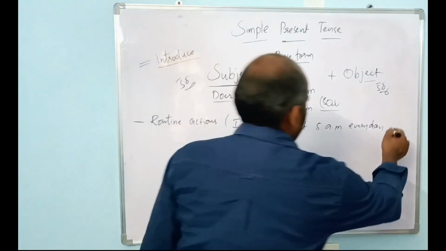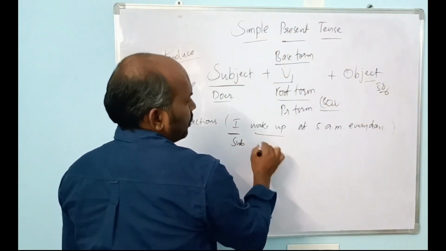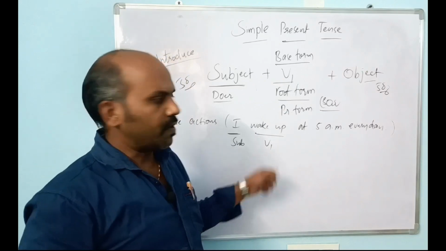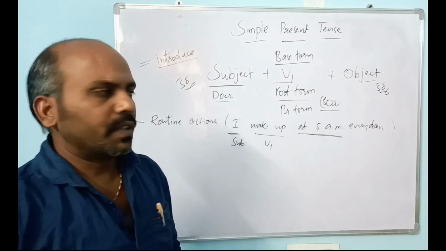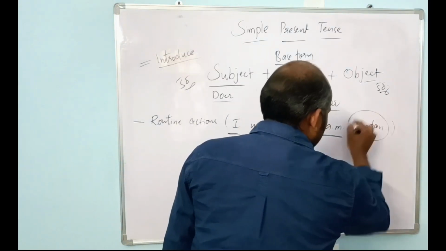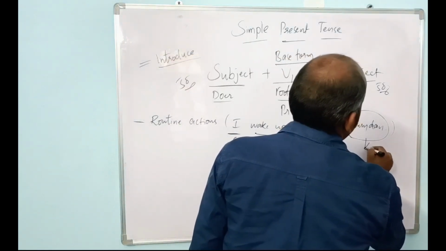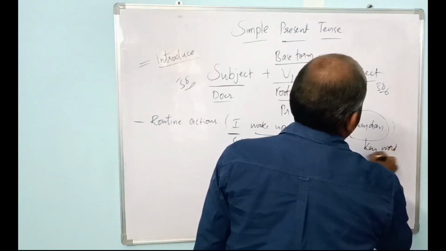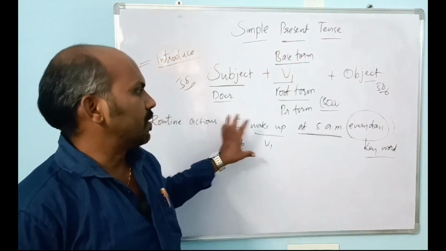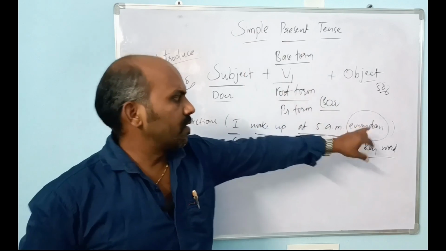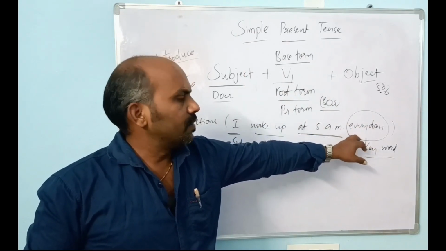So in this you can find that I is the subject, wake up is the verb in base form, and here the time we are mentioning is the keyword. Normally in English we call it a keyword. Why are keywords useful? Suppose someone doesn't know what tense this is, then if you find the keyword, this keyword is only used in this tense.